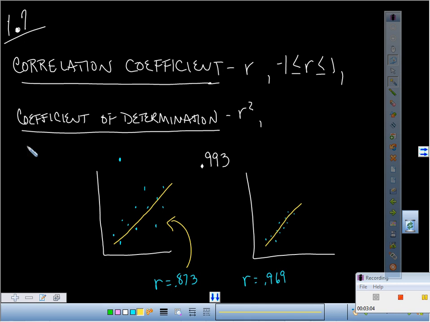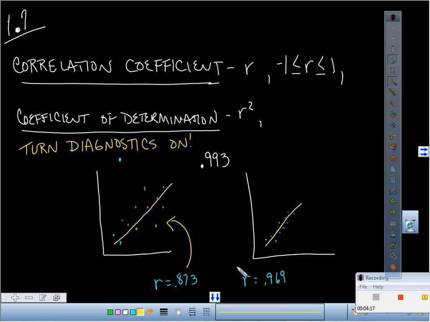You gotta tell it, guys. It's not gonna automatically give you R and R squared unless you turn on diagnostics. If you don't turn your diagnostics on, then it will not give you R and R squared.